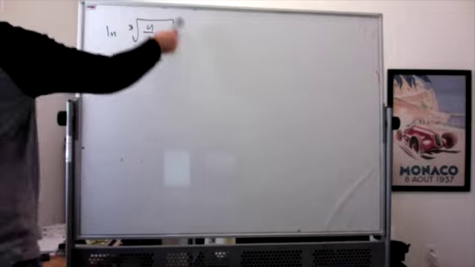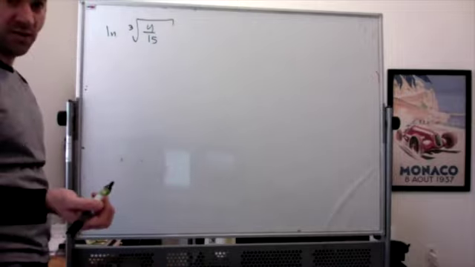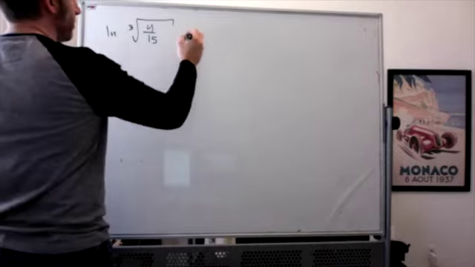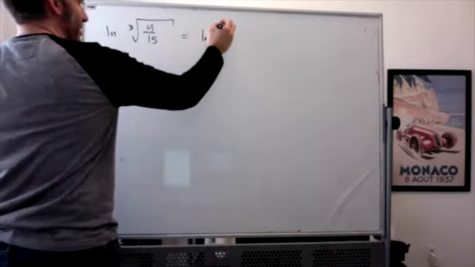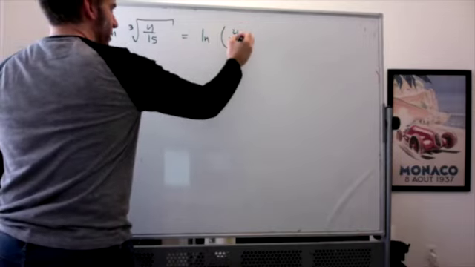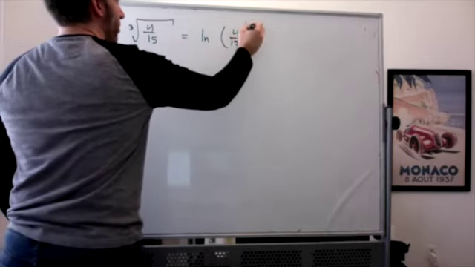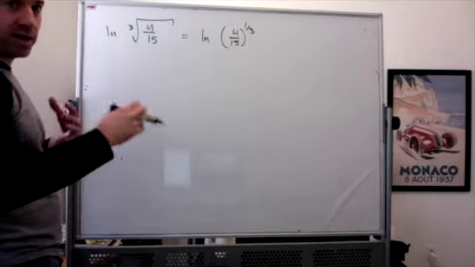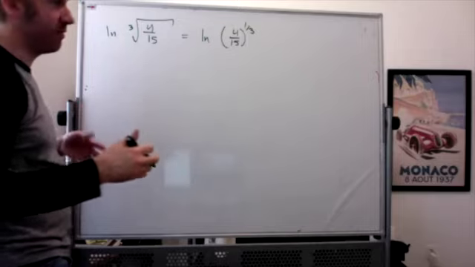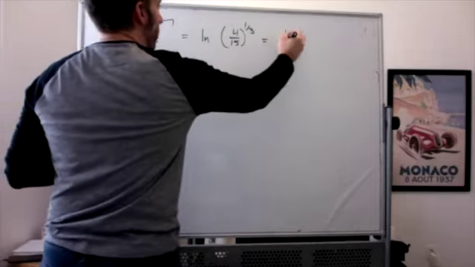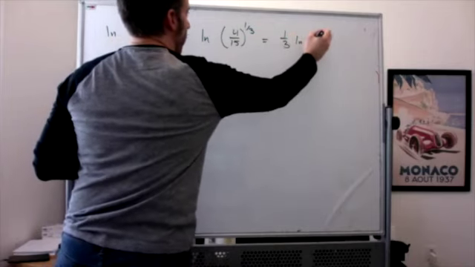So we're trying to make this look like something with only 2s, 3s, 5s, and 7s. So first, I would rewrite this as the natural log of 4/15 to the 1/3 power. And before I can break it up with subtraction, I have to bring that power down in front. So I'm going to write this as 1/3 times the natural log of 4/15.